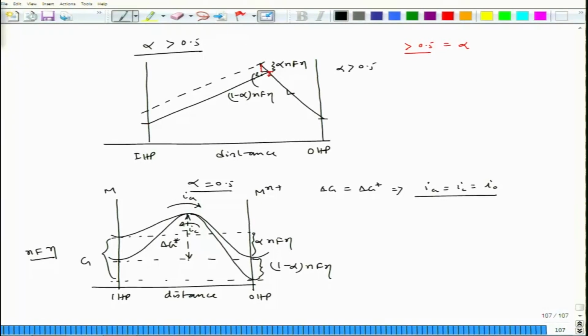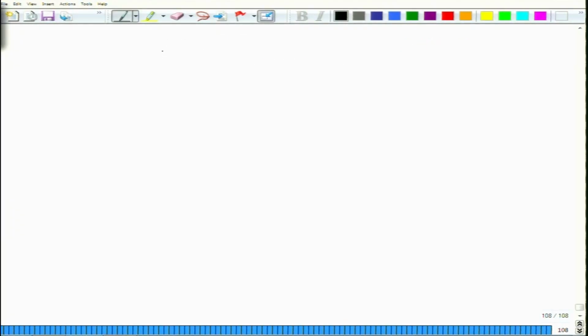If we try to see the same equation, R C equal to K C concentration of Ox and R A equal to K A concentration of R. This rate can be converted to current density by the simple formula, I C by nF equal to K C C 0, and here it will be I A by nF equal to K A C R.